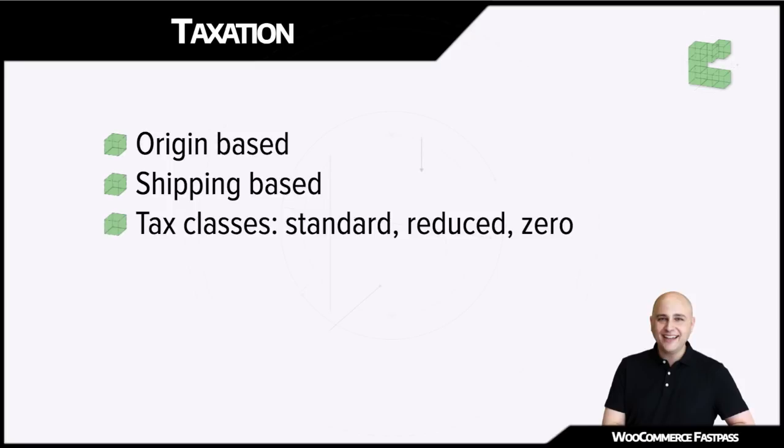These tax classes, why don't you just think, instead of classes, think of categories. So a product can be standard taxation, reduced taxation, or zero taxation. And these are things that you actually set up on each product. So we're going to take a look at taxation in WooCommerce, and I'm also going to give you some resources to make sure you have that all dialed in.